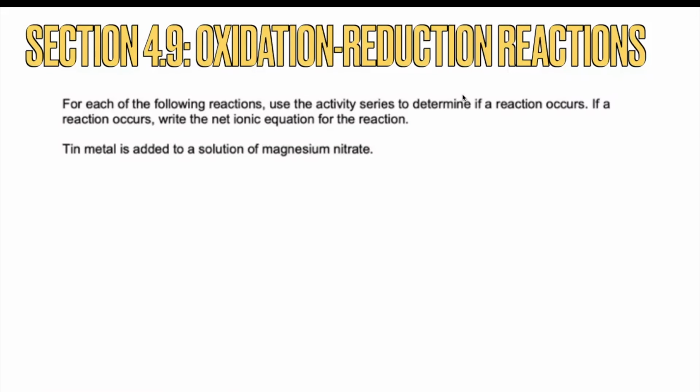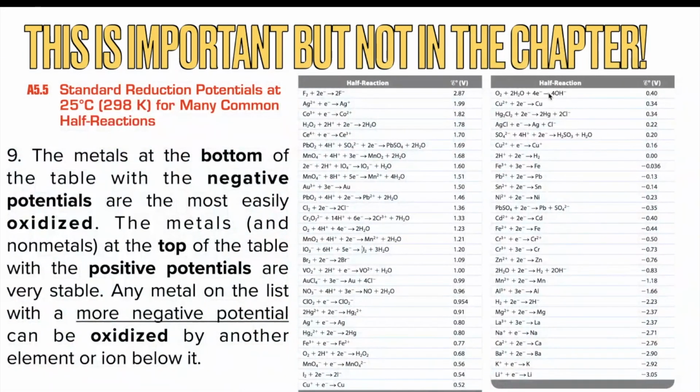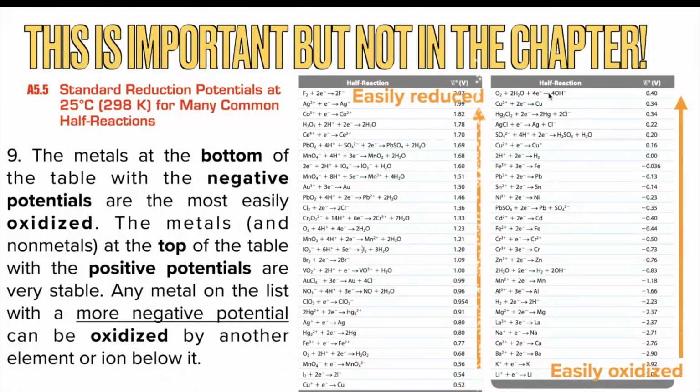What I mean by that is there is a list, and it was on the previous slide right here, of easily oxidizable and easily reduced materials. Now, the rule is that any metal with a more negative potential, so these guys, can be oxidized by an element below it.